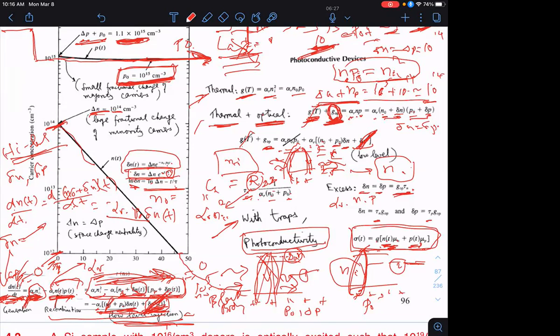The conductivity goes down, resistance goes up, and that triggers a simple circuit driving the motor, which causes the garage door to close.